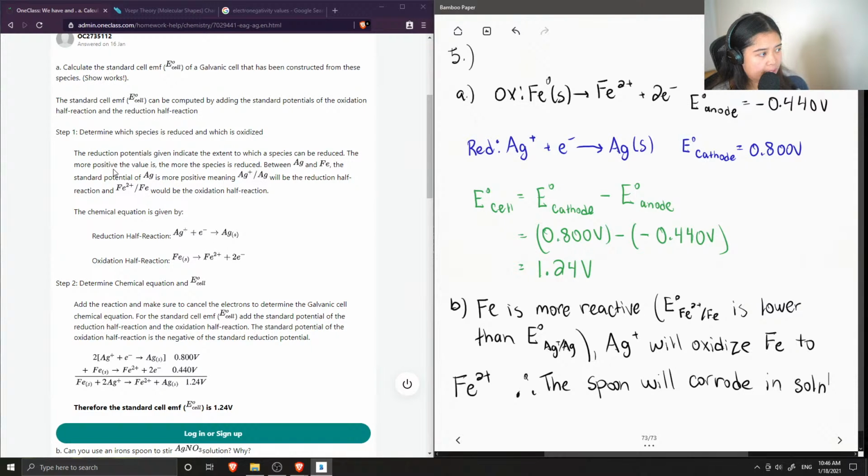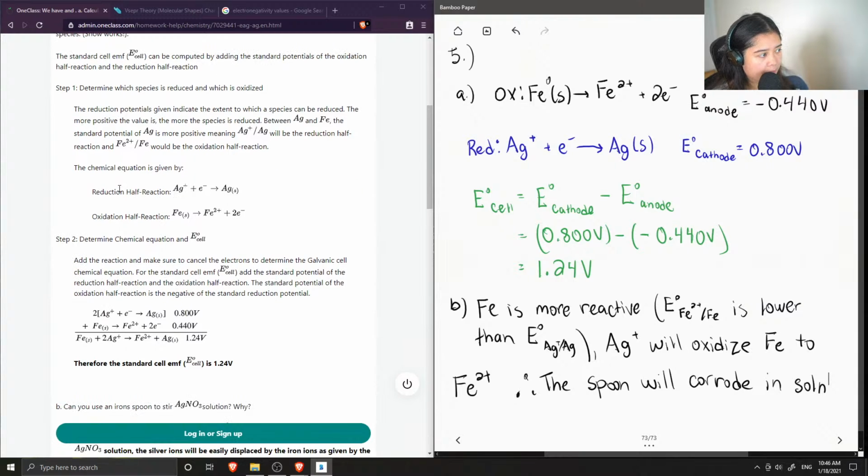The more positive the value is, the more the species is reduced. So between silver and iron, the standard potential of silver is more positive, meaning that silver plus will be reduced, will be the reduction half reaction, and the iron 2 plus will be the oxidation. Chemical equation is given by the following.